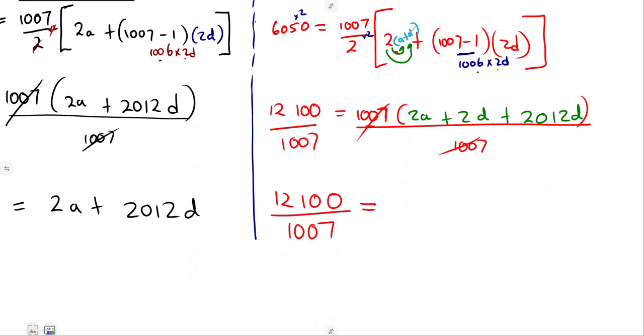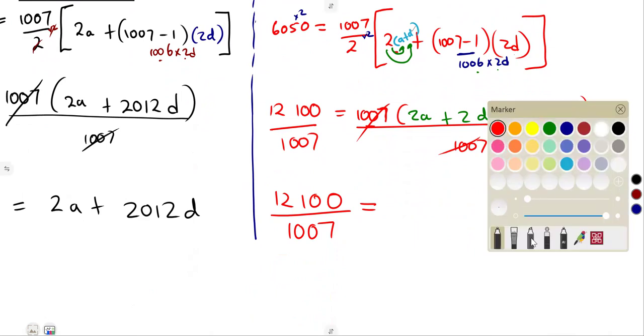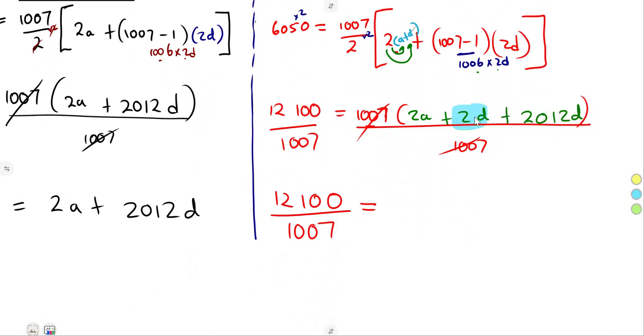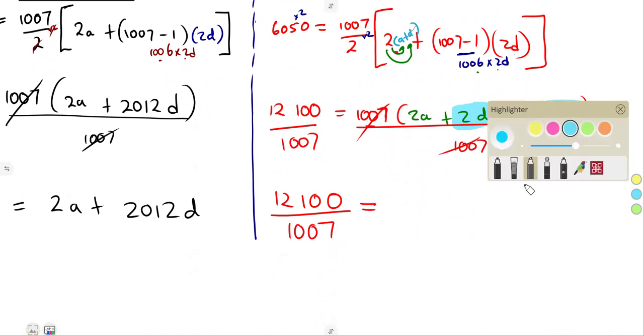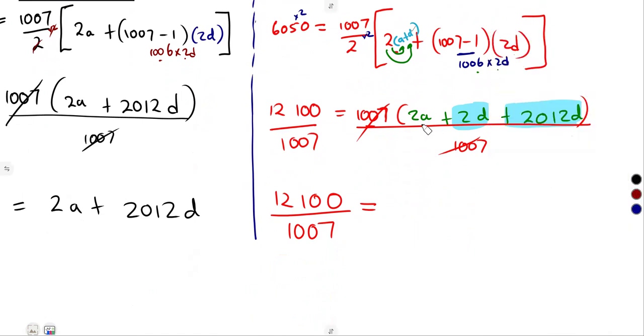And on the right hand side, the alike terms, the part of D: there is 2D, there is 2012D. So that gives us 2A plus 2 plus 2012, that's 2014D.